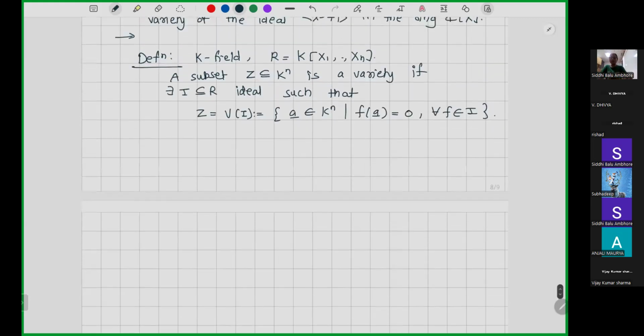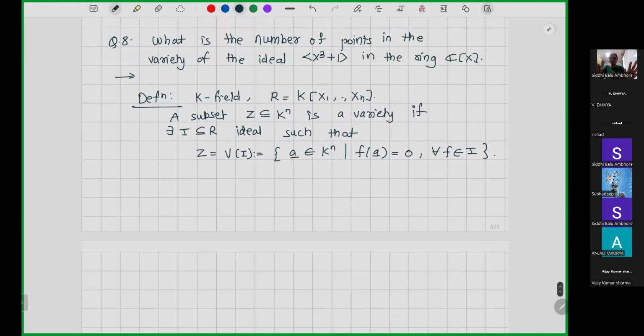So the variety is in short the zero set of the elements which are zeros of all the polynomials in that ideal. And note that since we are working with the ideal, it is enough to check the elements in the variety over the generators. If something is a root of all the generating polynomials, then it will be a root for all the polynomials in that ideal.